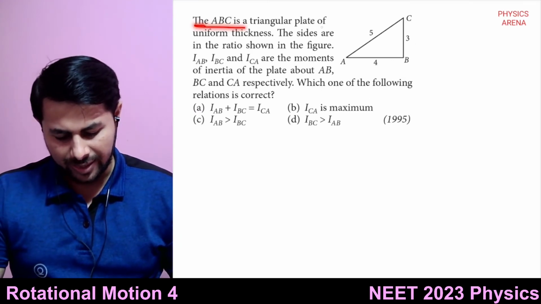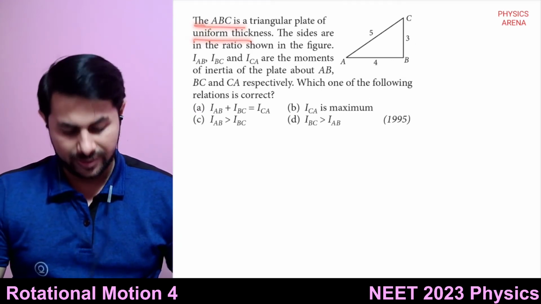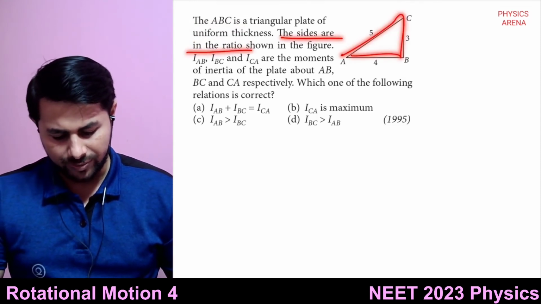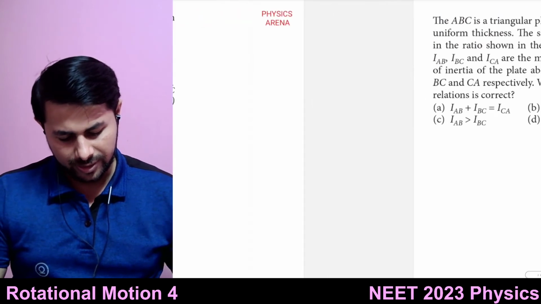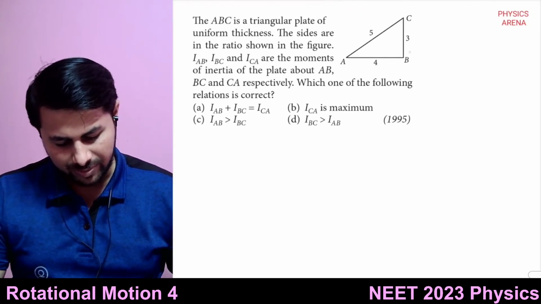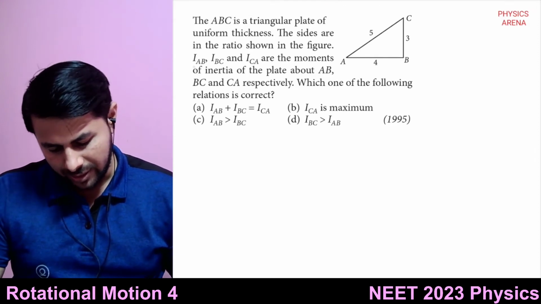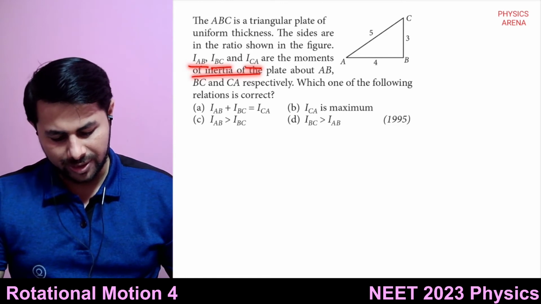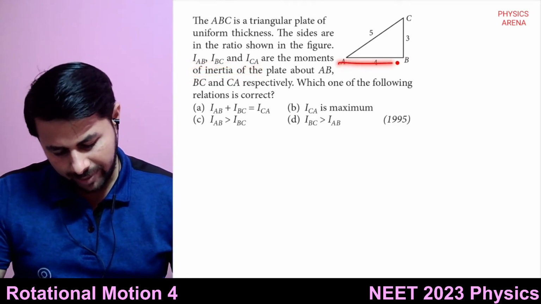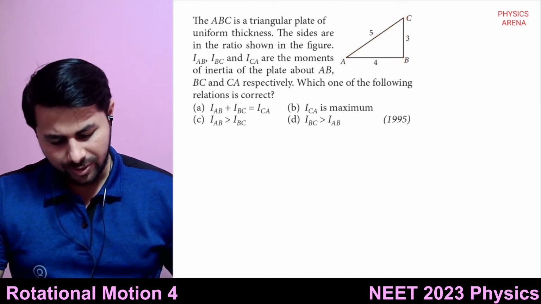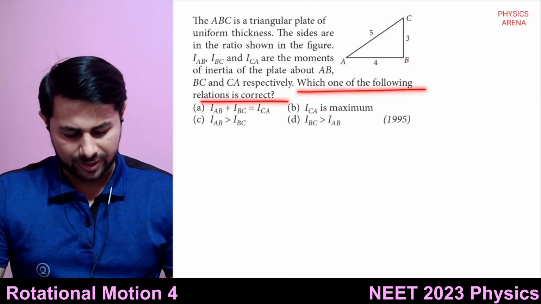ABC is a triangular plate of uniform thickness. The sides are in the ratio as shown in the figure. It's the same ratio, right? 3, 4, 5. It's the same ratio as that of last question. IAB, IBC and ICA are the moments of inertia of plate about AB, BC and CA respectively. Which one of the following relations is correct?